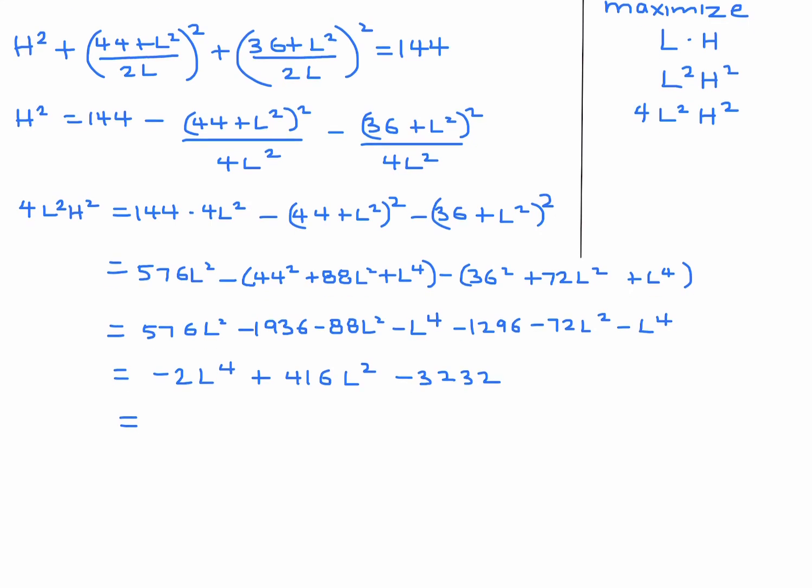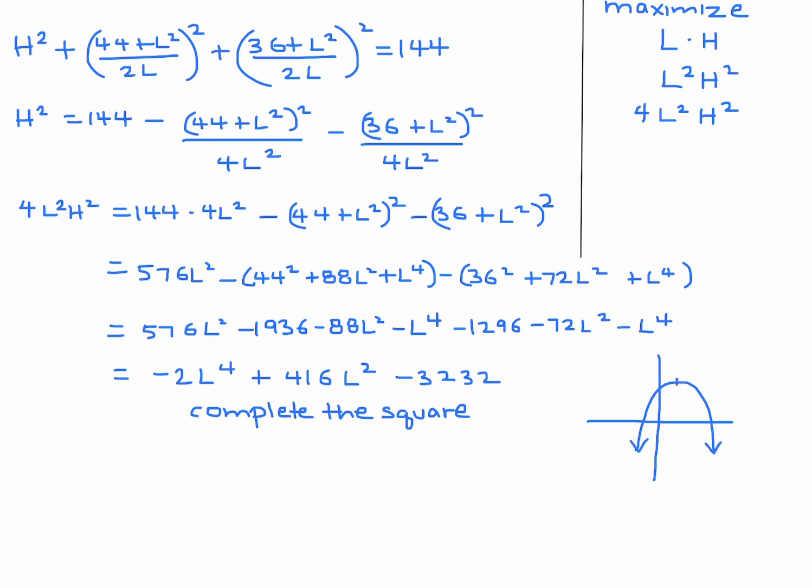Okay, so I've got it in a pretty good form now. At this point, how do I maximize this? Well, you have to do something called completing the square. In a very basic way, what that means is that if we have a graph, and the graph is a parabola, and because this is a negative, it's going to point downwards.